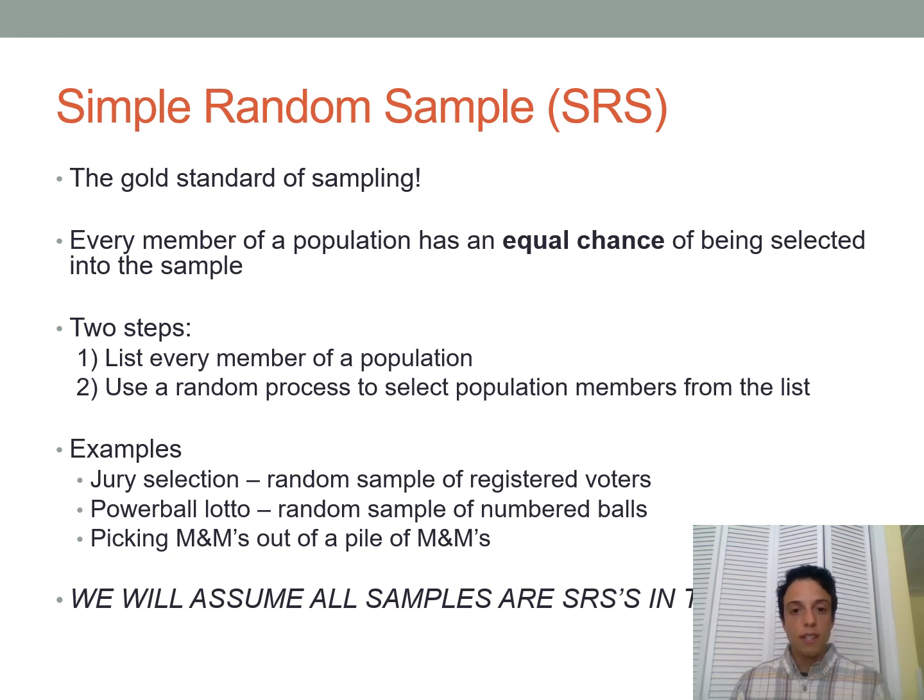For the purposes of this class, we will assume that all samples we see are simple random samples. In reality, simple random samples are often difficult to pull off. So imagine you're actually trying to understand death penalty attitudes in the United States. You can't actually get a list of every single person who lives in the United States in order to sample them.